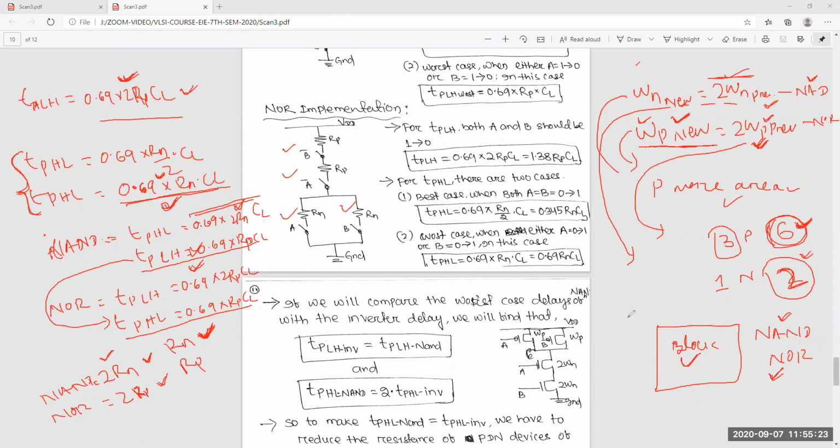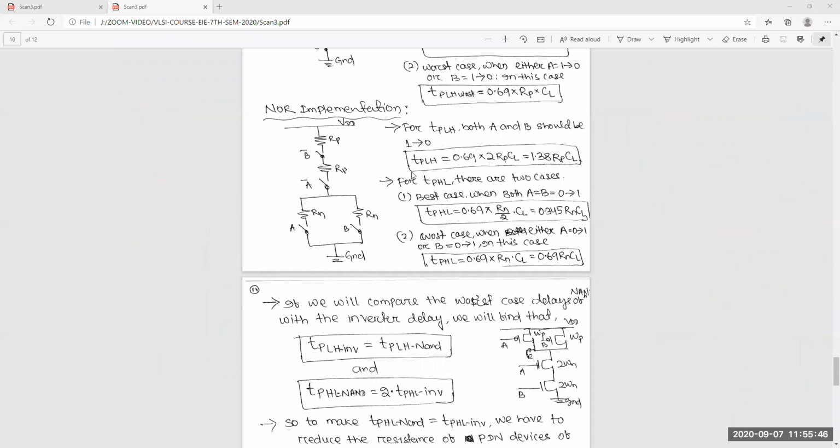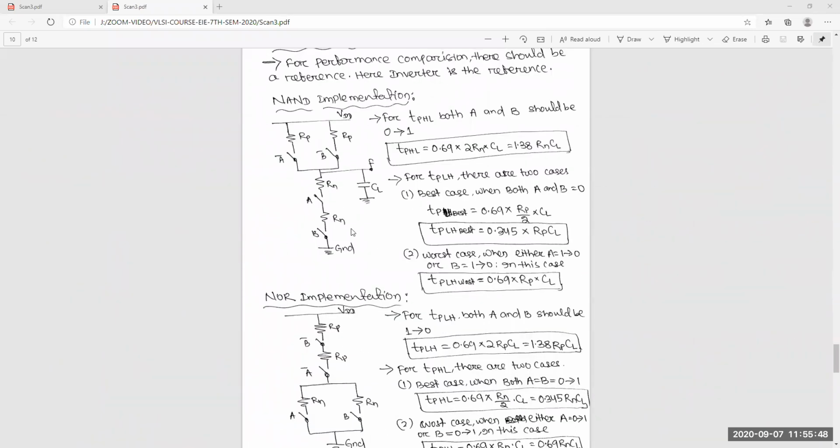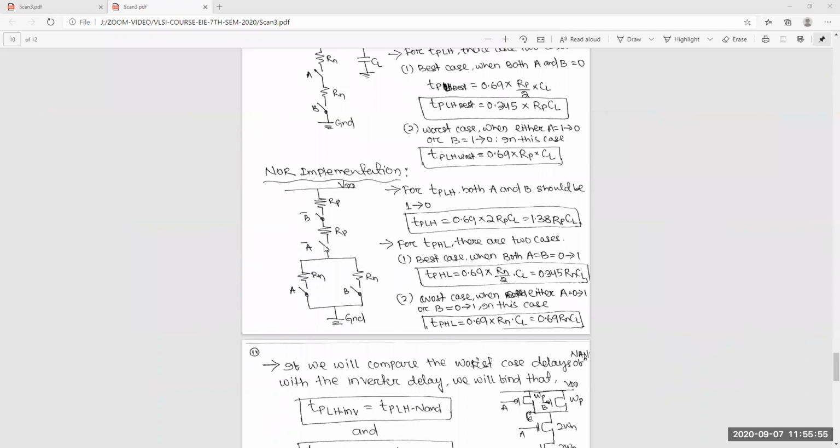Yes, sir. So that's why it is always preferred that any circuit, if you try to make it with NAND implementation, then the overall area will be less. So that's why you always try to implement any circuit with this type of implementation, because if you increase this value, the overall area will be less compared to if you increase this value.